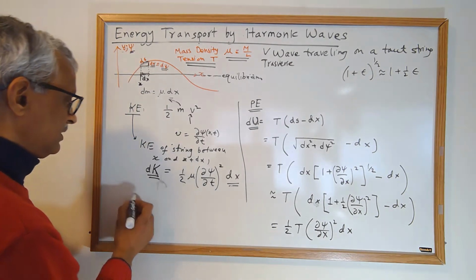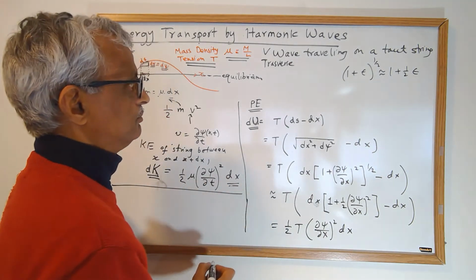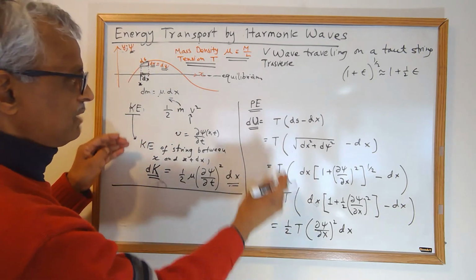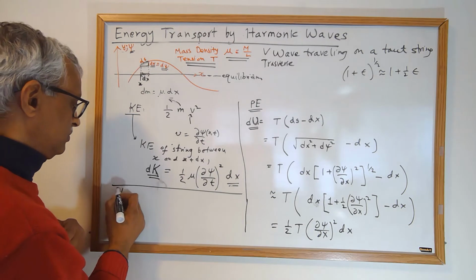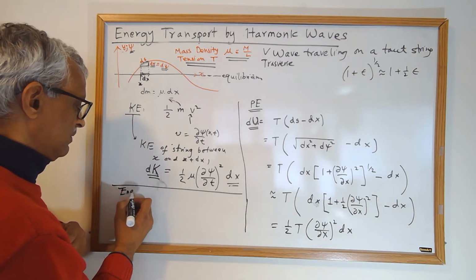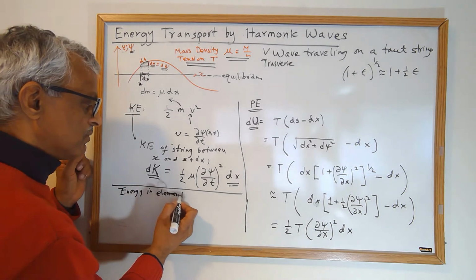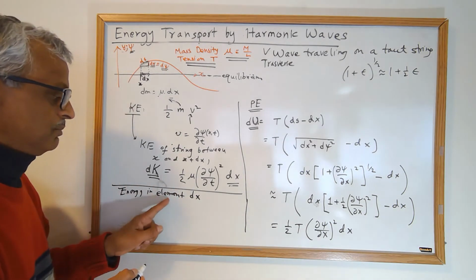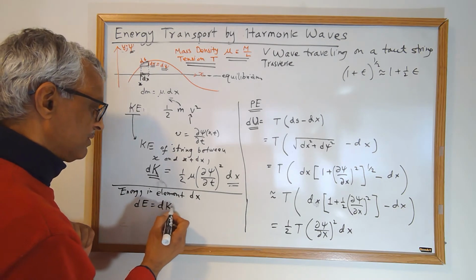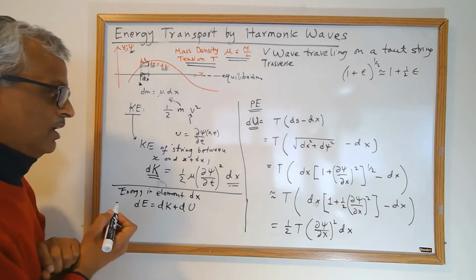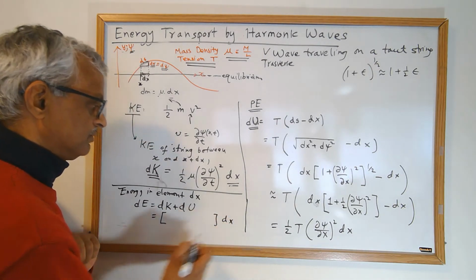So the total energy will be the sum of these two, right? Energy is kinetic energy plus potential energy. So the energy in the element dx, I'm looking at that. dE will be dK plus dU, and you can see each has something times dx.